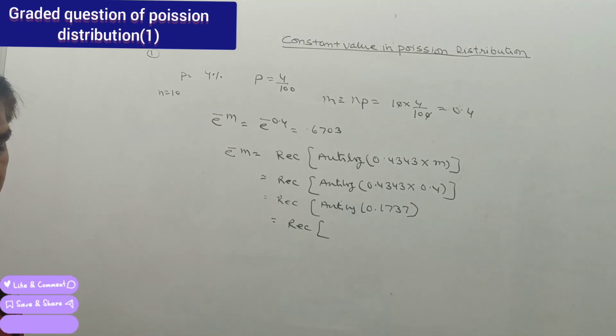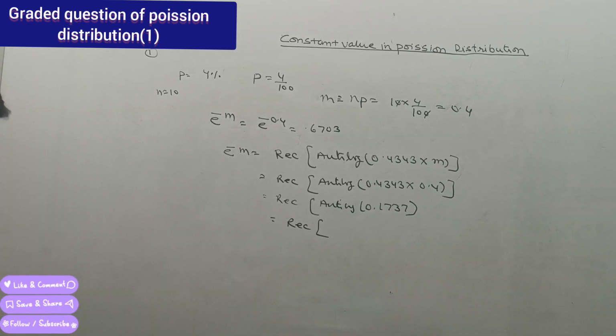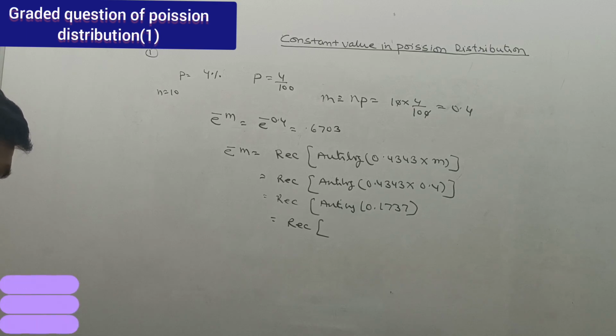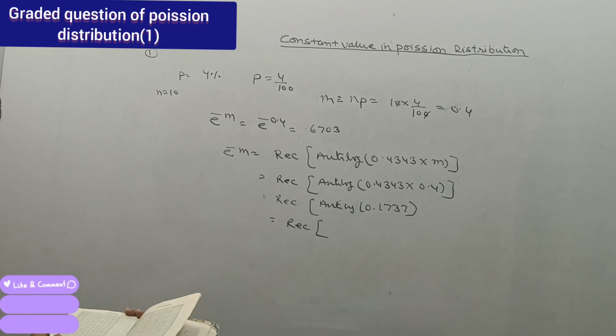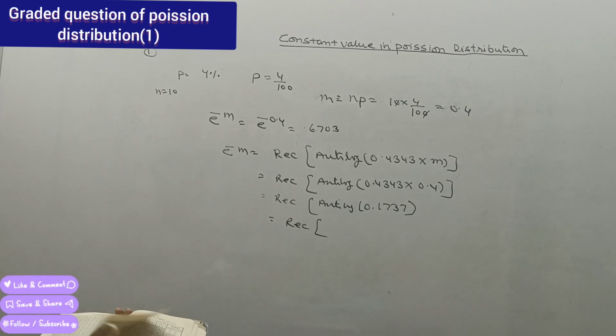So first we have the multiplication of 0.4343 by 0.4, which gives 0.1737. Okay, some difference is there in the e raised to power value.